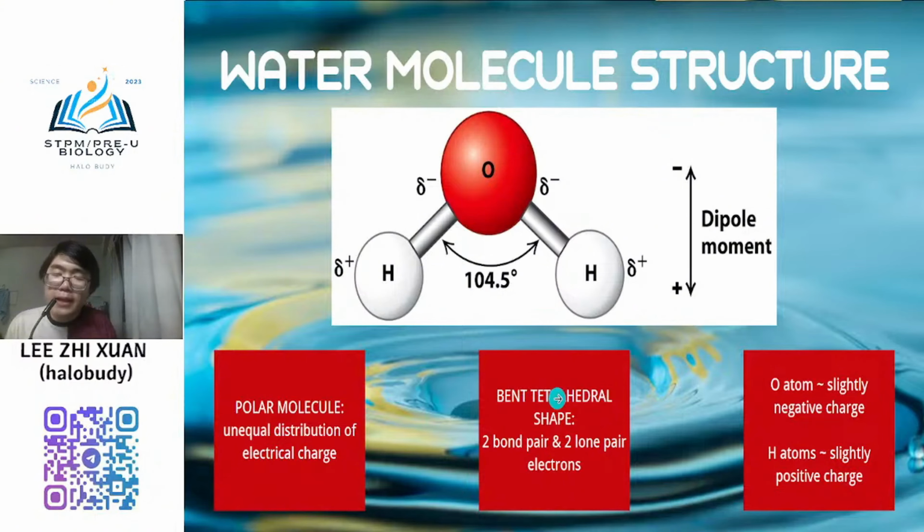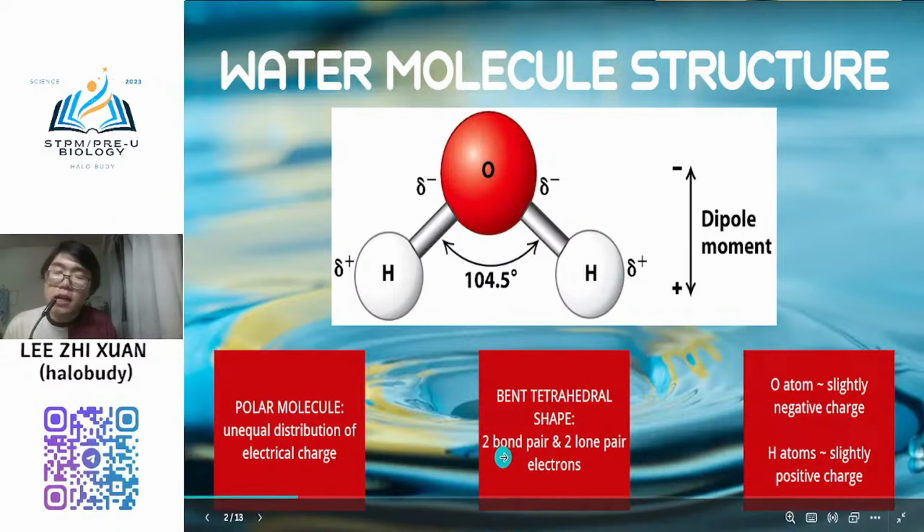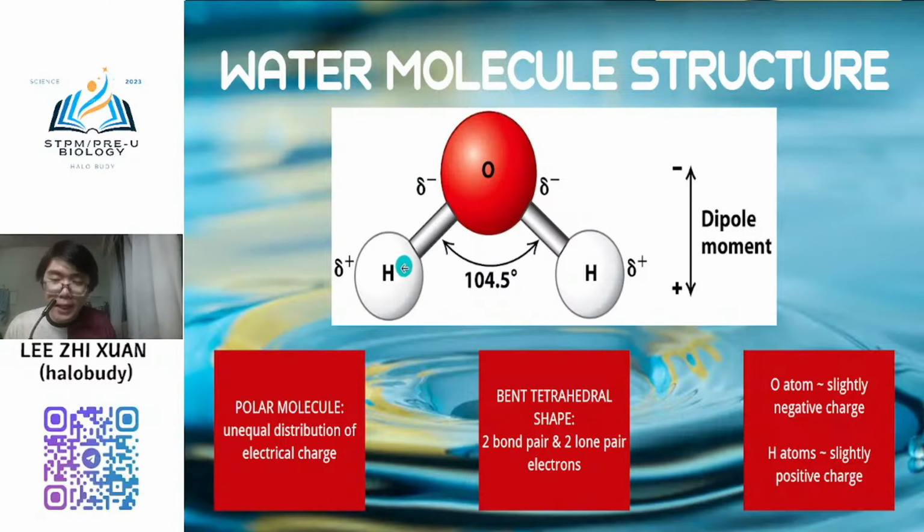This is the bent tetrahedral shape, meaning that it contains 2 bond pair electrons and 2 lone pair electrons.